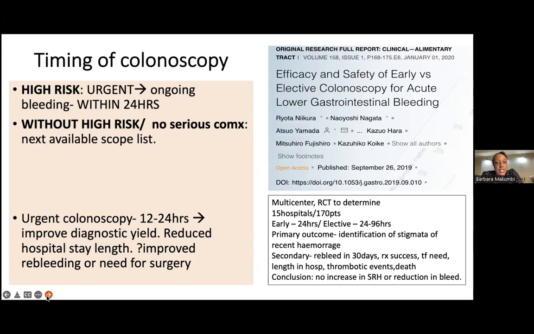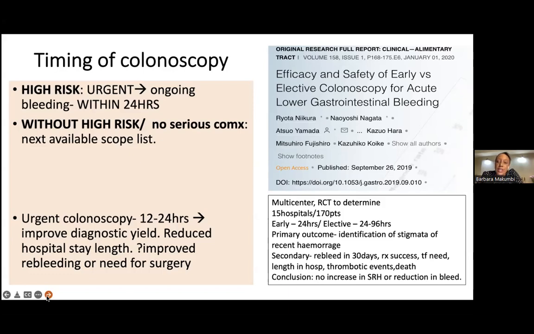So if the patient's not high risk, no comorbidities, you're not worried that this patient's going to decompensate, the next available scope list is fine. I think BSG said 12 to 24 hours stipulates an urgent colonoscopy. It improves your diagnostic yield. It reduces hospital length of stay, but it's debatable whether there's improved rebleeding, and it's debatable whether there is decreased need for surgery.